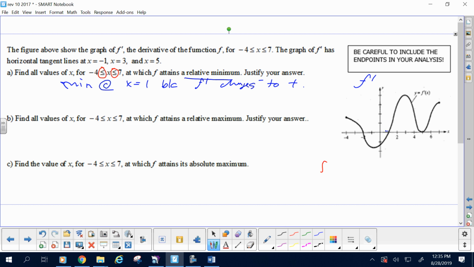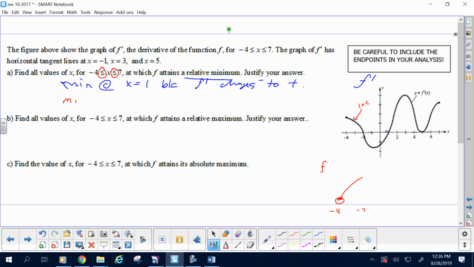Let's consider this. At negative 4, right after that, the derivative is positive, yeah? So if the derivative is positive, what's the function doing up until negative 2? It's increasing. So if I'm including that point, not an open circle, but a closed circle, isn't that a minimum? It is. And so that needs to be included also.